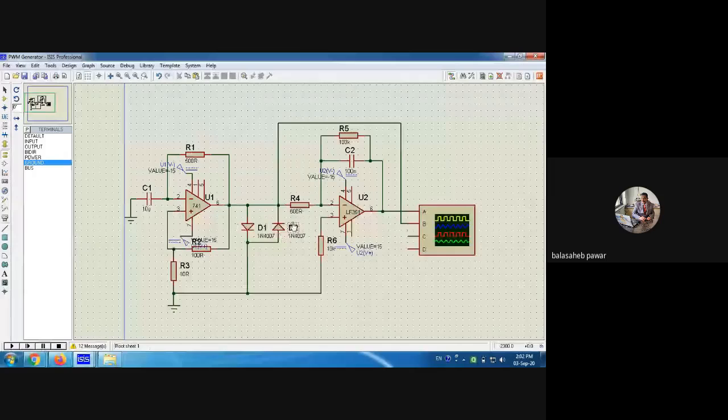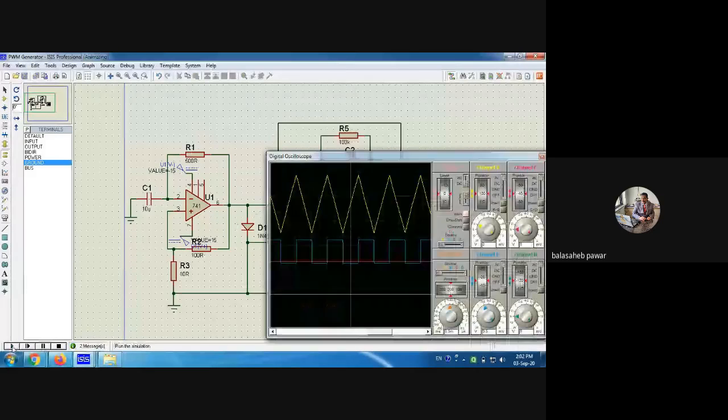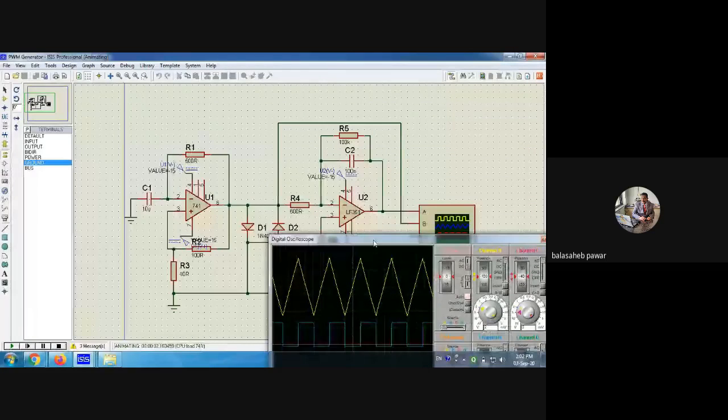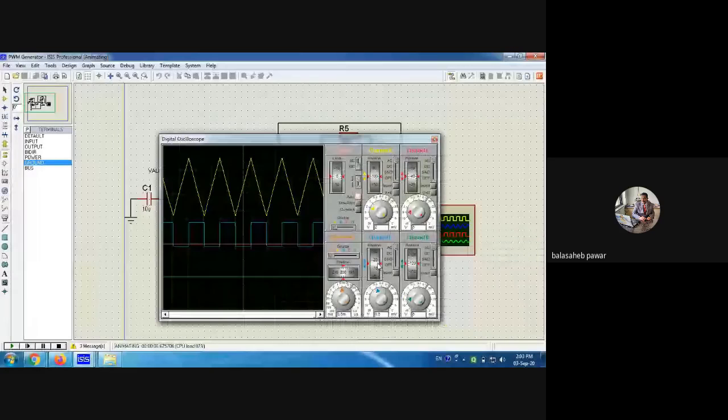You will observe my first channel is connected to the output of the second op-amp, which is working as an integrator. And channel B is connected to the output of the first op-amp, a square wave generator, and its amplitude is limited by the anti-parallel diodes connected at its output. So the amplitude will be almost 0.7 volt peak or 1.4 volt peak to peak.